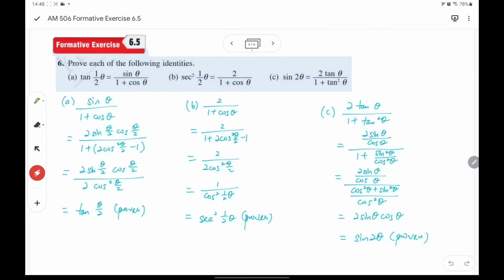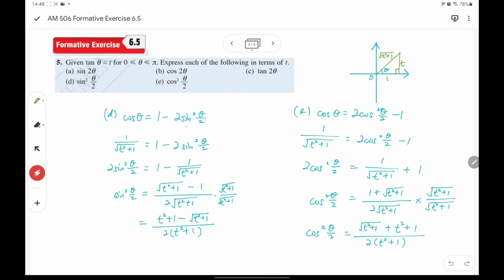D. Sine square of theta over 2. Theta over 2 is half of theta. For the relation between theta over 2 and theta, we can start with cosine theta equals 1 minus 2 sine square theta over 2. So from here, cosine theta is 1 over root of t square plus 1, which equals 1 minus 2 times sine square theta over 2.